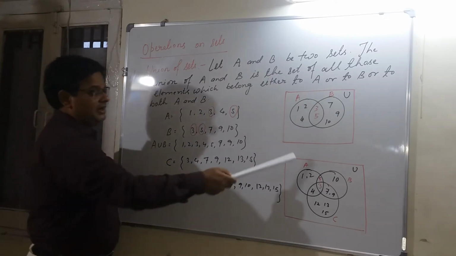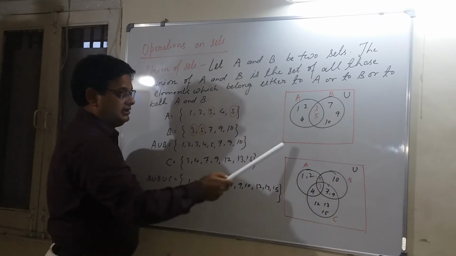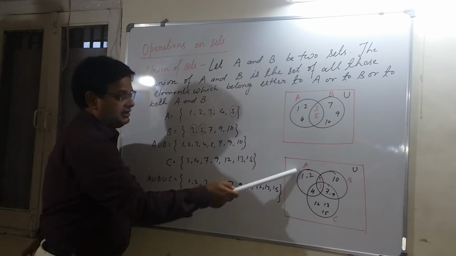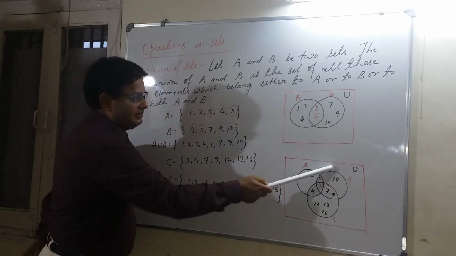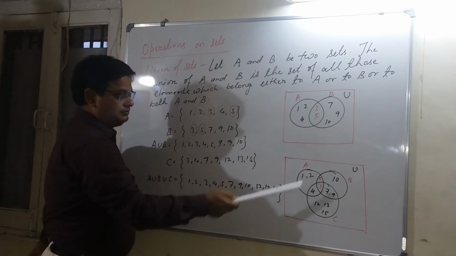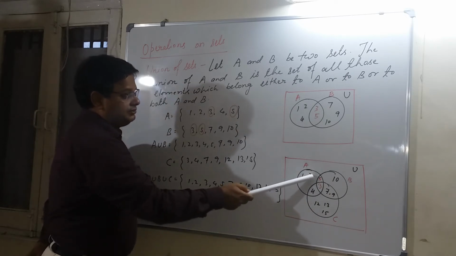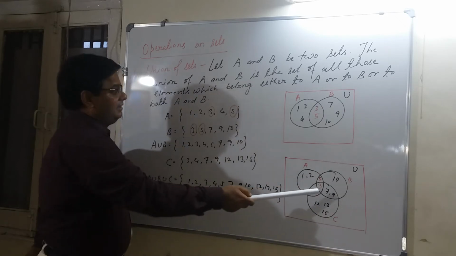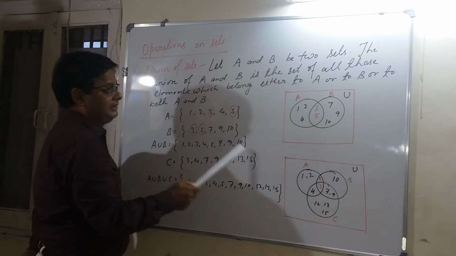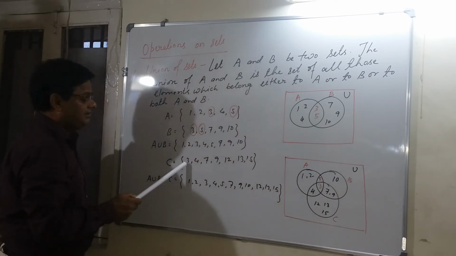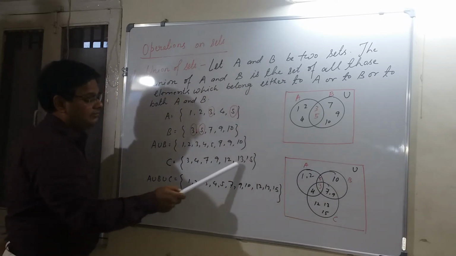Through the Venn diagram, U is the universal set represented in a rectangular box. This is set A, this is set B and this is set C. Set A has 1, 2, 3, 4, 5, set B has 3, 5, 7, 9, 10, and set C has 3, 4, 7, 9, 12, 13, 15.